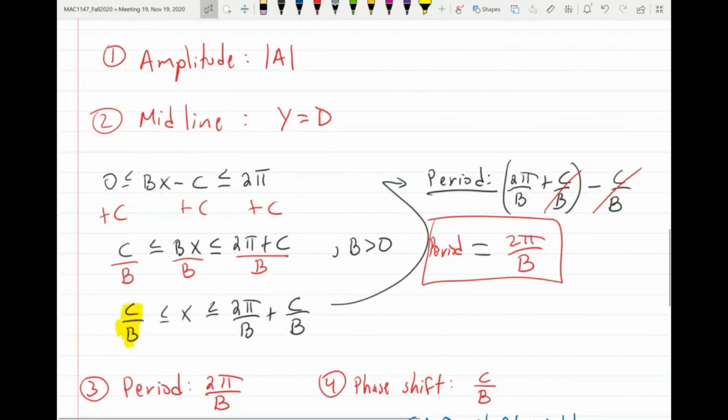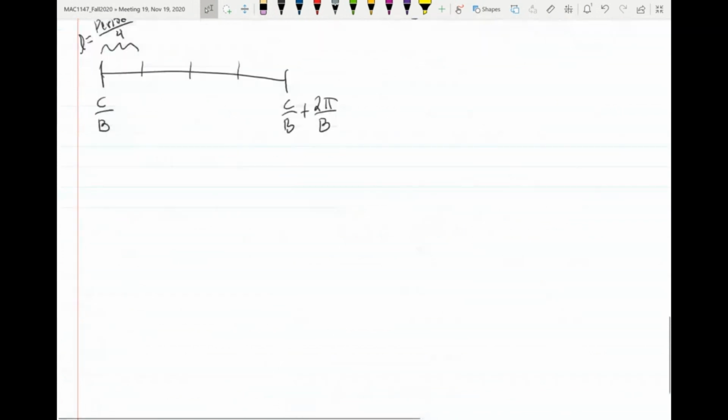All right, so again, I just gave you a bunch of formulas, and what I did was try to justify why these formulas were the way they are. Now let's use them, okay? So I'm gonna give you a function, and then we're gonna find the amplitude, the phase shift, the midline, period, and then we will use this information to graph the function, okay? All right, let's see. So example.